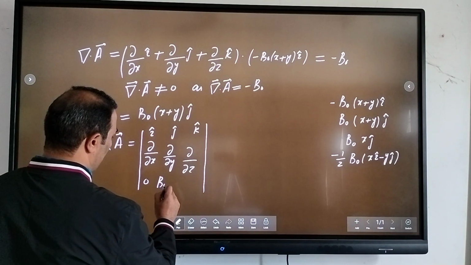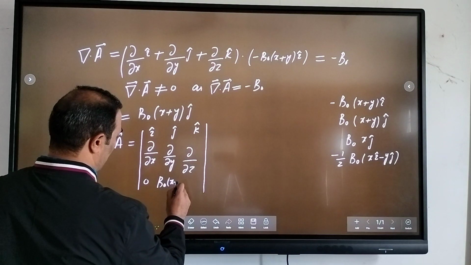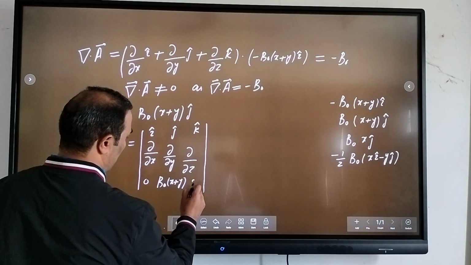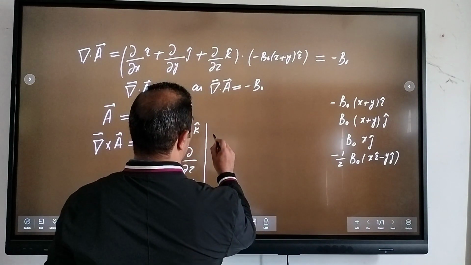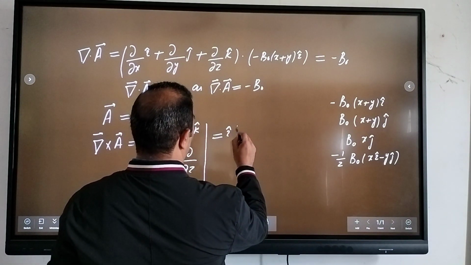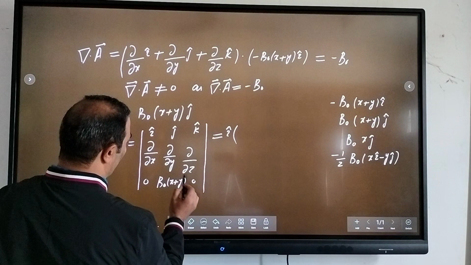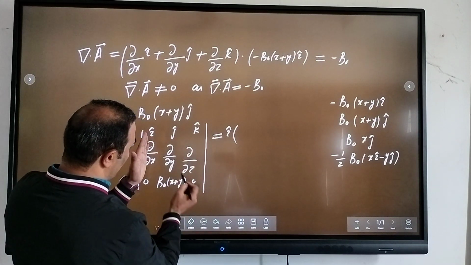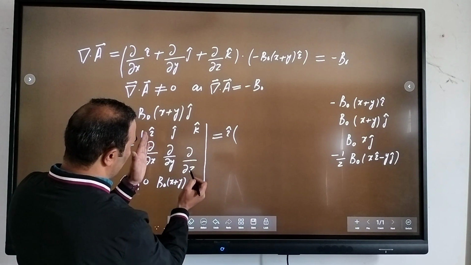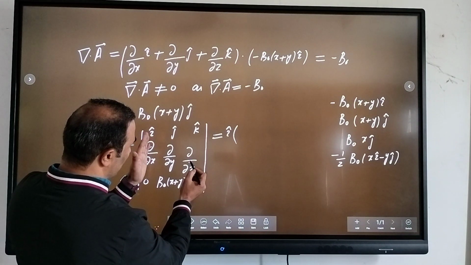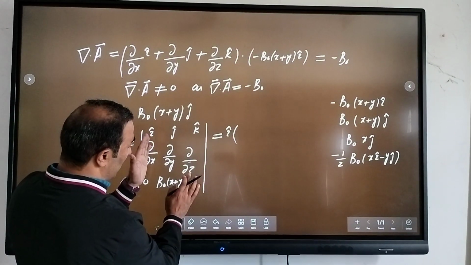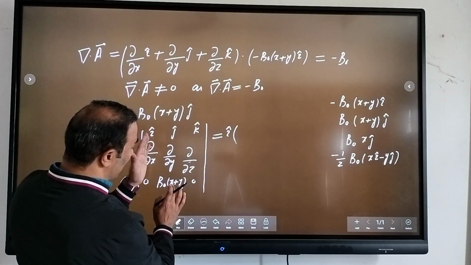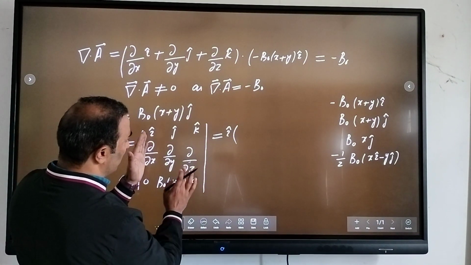This is B₀ into (x + y) and 0, right? So let's also evaluate this term. The first term will be 0, because when you take the i-th component, the partial by partial y is 0. Because the second is minus partial with respect to z, but there is no z component, so that will be 0.